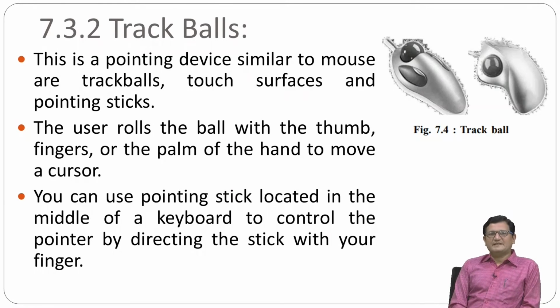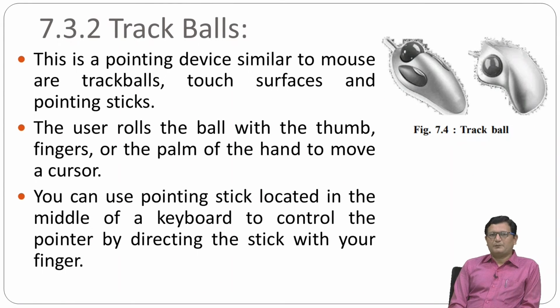So this is a pointing device similar to the mouse, but in the case of a mouse we move the entire device. Here you just have to rotate the trackball, right. The user rolls the ball with the thumb or fingers or palm of the hand to move a cursor.